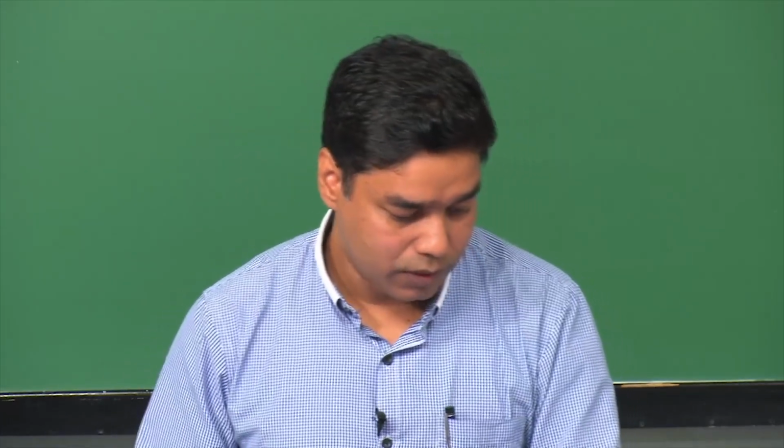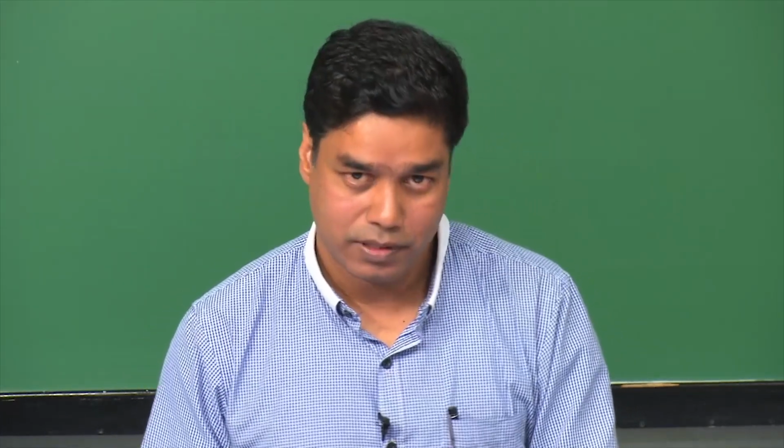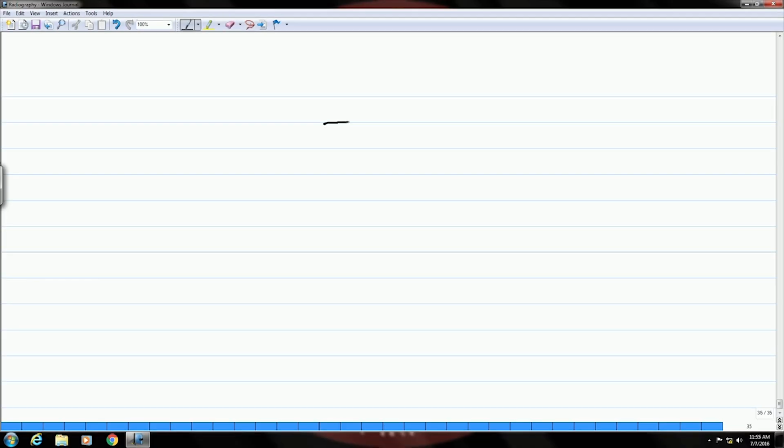So, if you simply take the ray diagrams now, you would be able to get an expression for this. So, let us say this is the source with a spot size of f, and then you have the object.